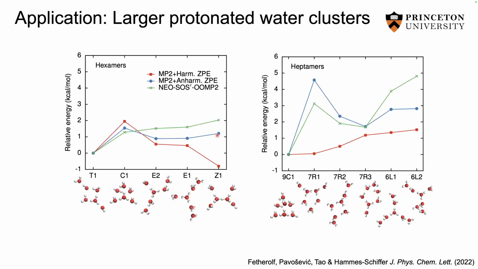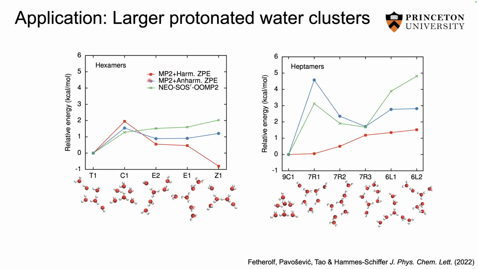And so here is a plot of a comparison of the relative energies of some of these water isomers. And the main qualitative takeaway here is that if we look at conventional electronic structure with a harmonic 0 point energy correction, that's the red line.